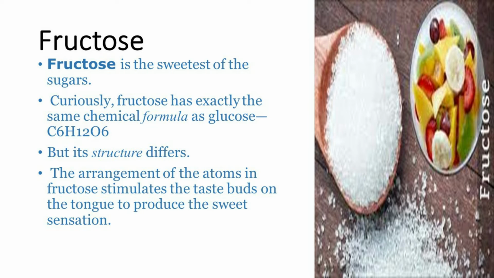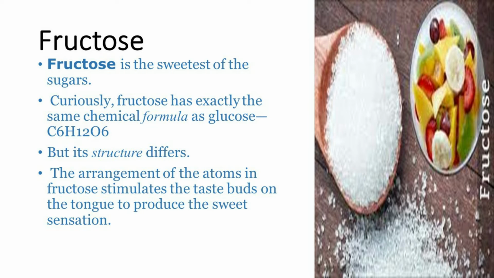Transport and metabolism of fructose do not require insulin. Only a few tissues such as liver, intestine, kidney, adipose tissues, and muscles can metabolize it. Glucose and fructose have similar metabolic rates because most of the dietary fructose converts into glucose.